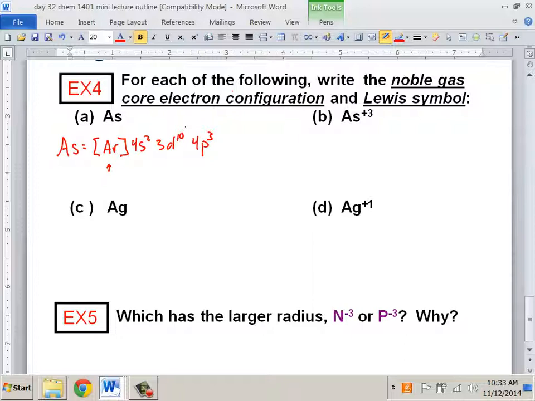Keep going. Silver and silver 1. And if you get that, see if you can figure out which one has a larger radius.